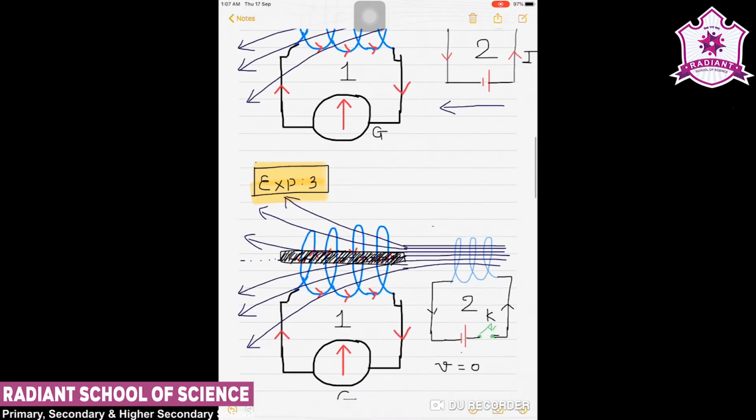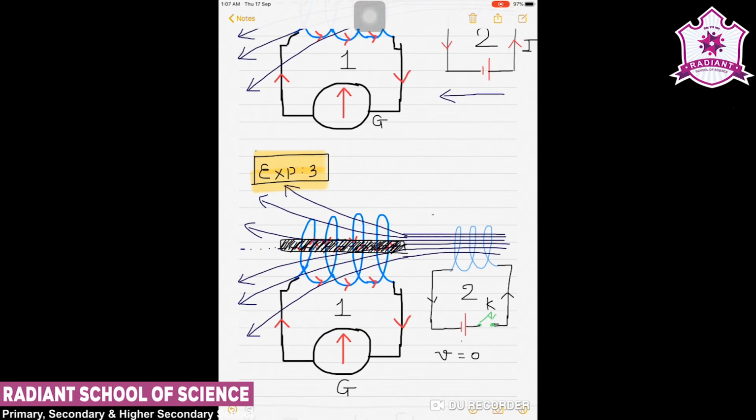The third experiment, if we go through that, we find that suppose we put a rod in one of the coils, and then as shown in the figure, if coil 2 is carrying current with key K pressed and we move it towards coil 1, then the magnetic flux linked with it will change, and the rate of change of flux will induce EMF.